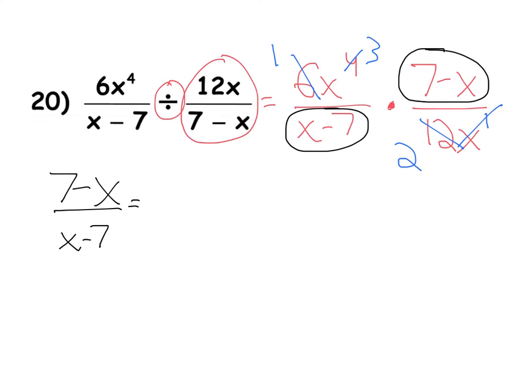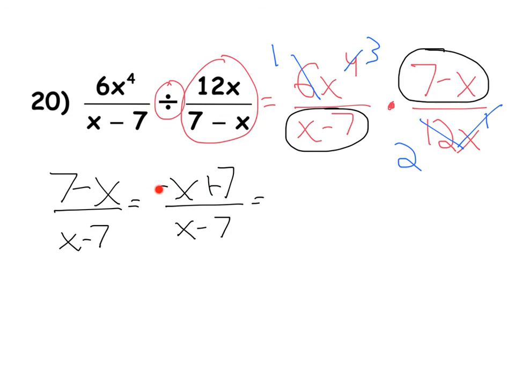First things first, 7 minus x, that's backwards. The x should come first. Negative x plus 7 over x minus 7. Also not nice, why does the x have a negative coefficient? That seems pretty dumb, right?